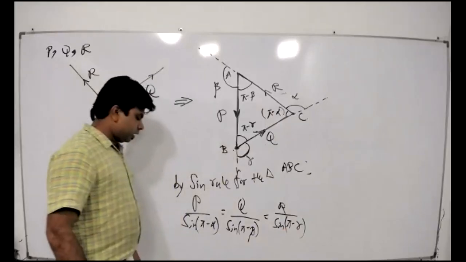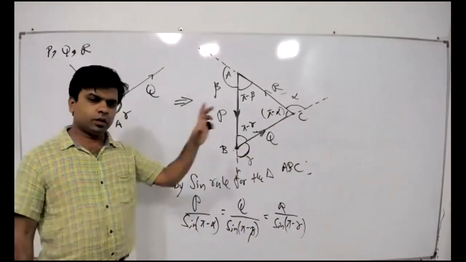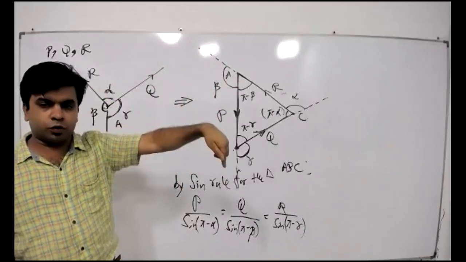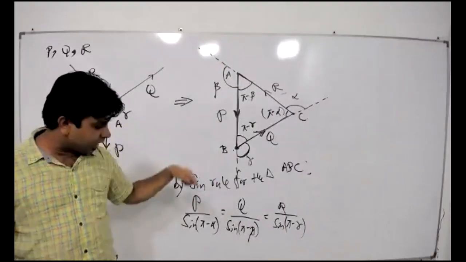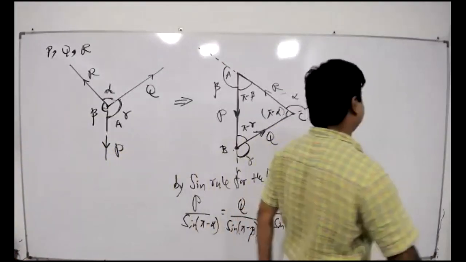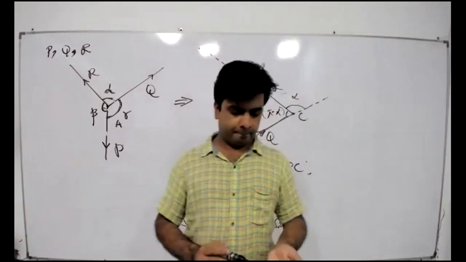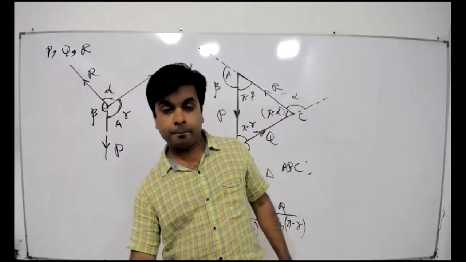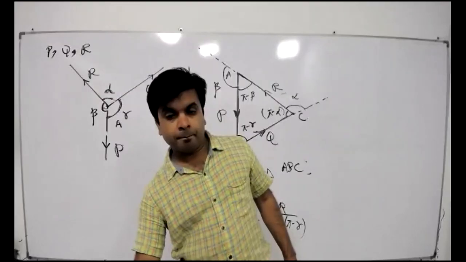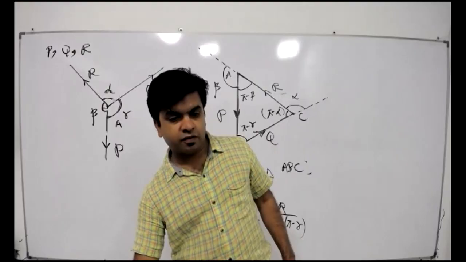Clear? Now, if alpha is an acute angle, what is pi minus alpha? An angle in the second quadrant. Even in the second quadrant, sine is positive. So tell me, what is sine of pi minus alpha? Charita, what is sine of pi minus alpha?